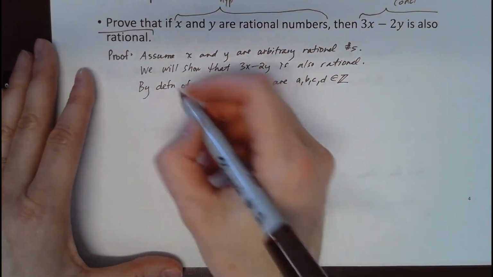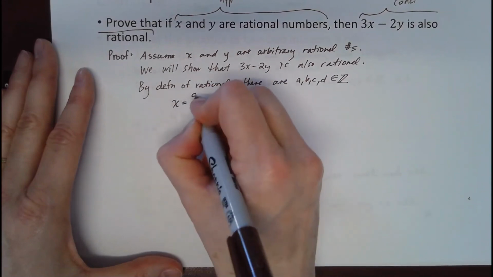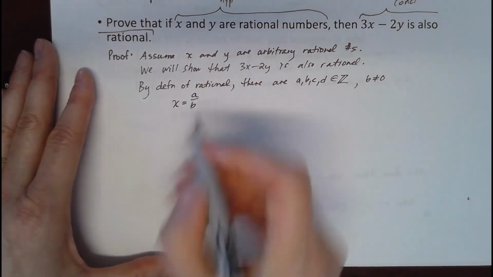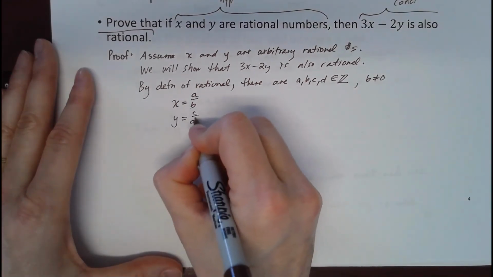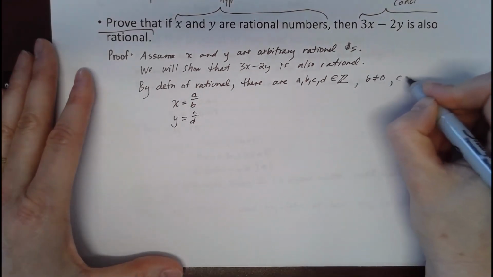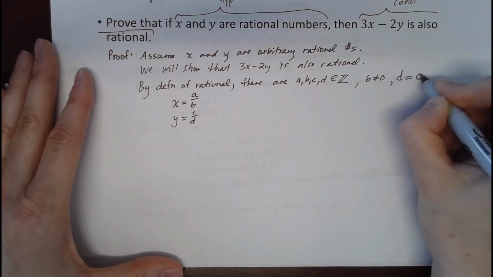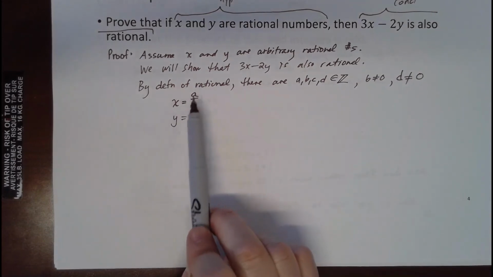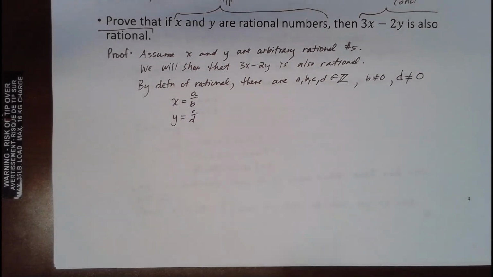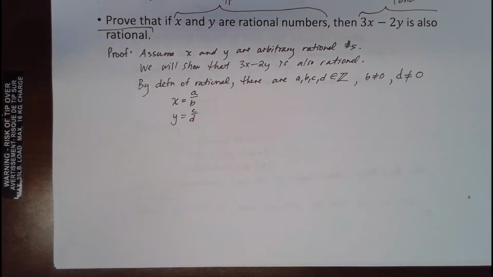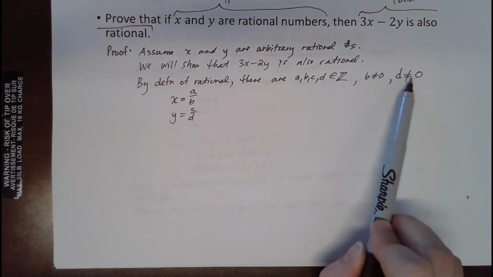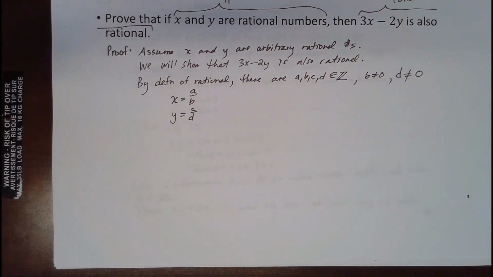So x is a over b, and b can't be 0. And I'll write y as c over d, and d is not equal to 0. The definition says if x is rational, I can find two integers whose ratio is x, and the one in the denominator can't be 0. Similar for y.